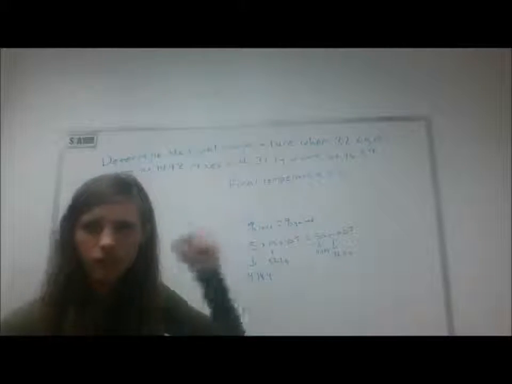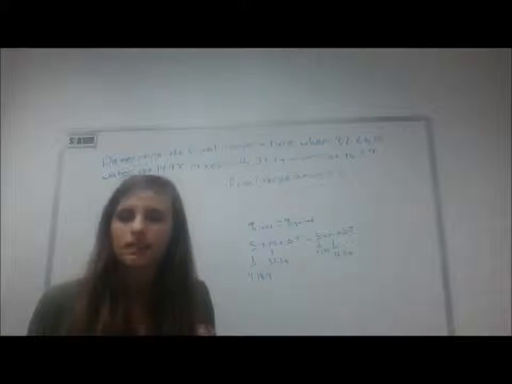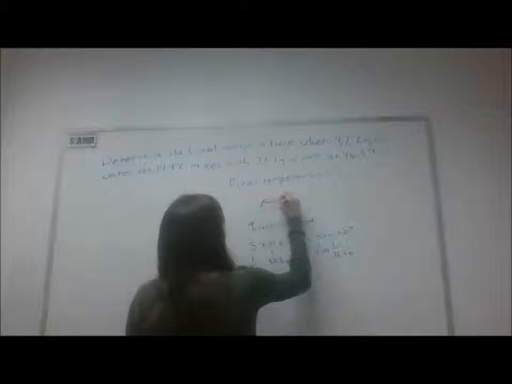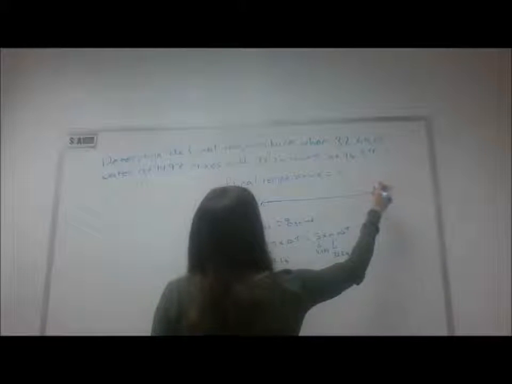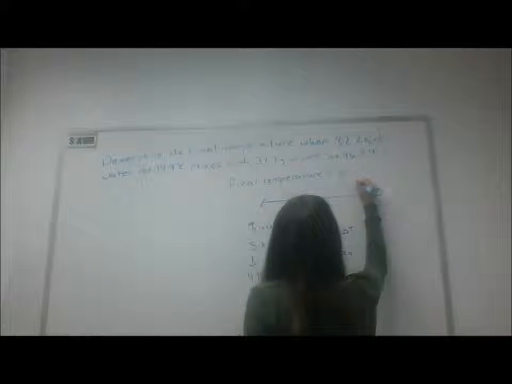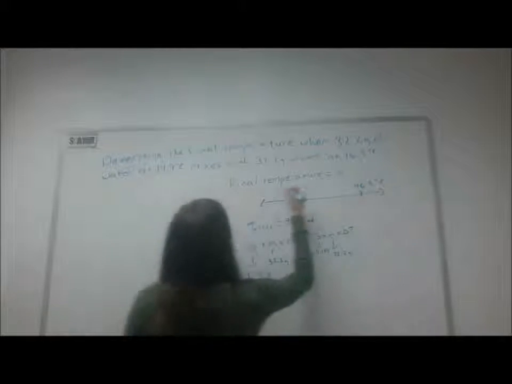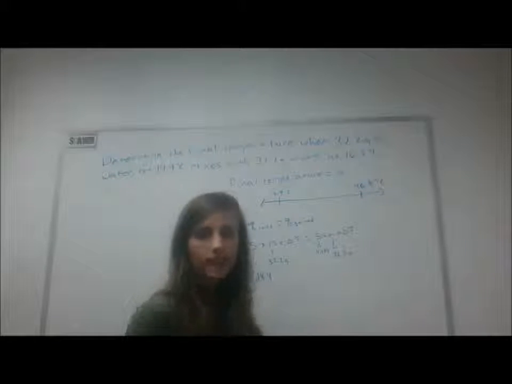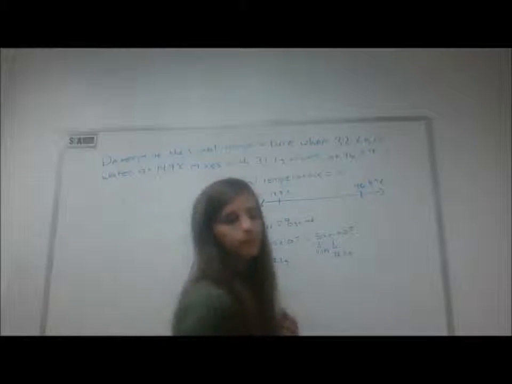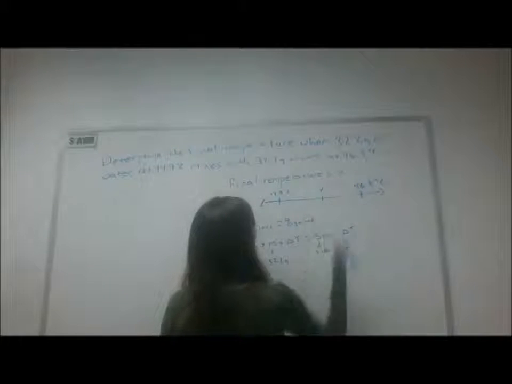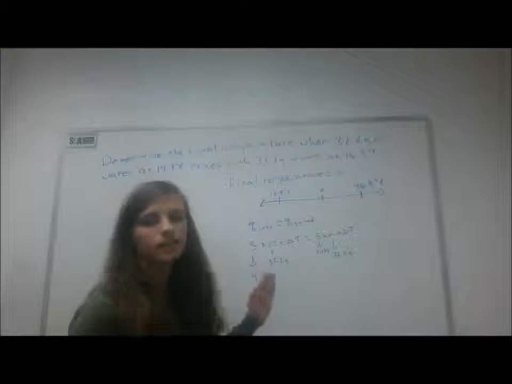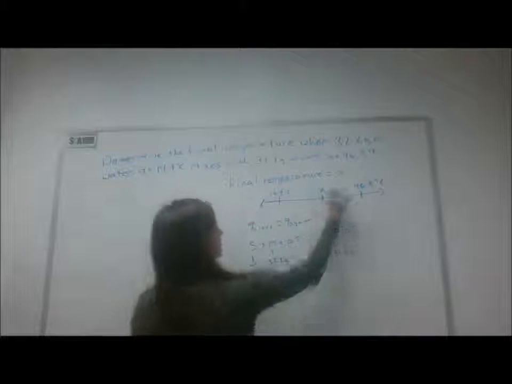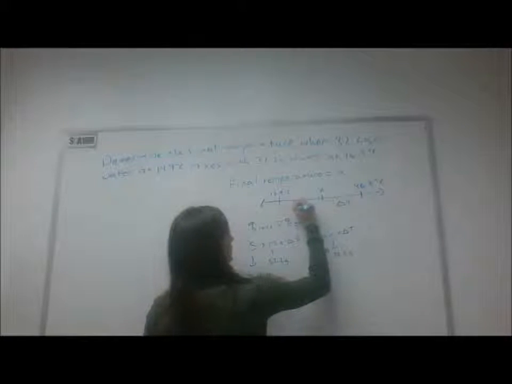So X, our final temperature, we can look at this a lot easier if we put it on a number line. So we have this number line, and we have 46.8 degrees Celsius over here, and 14.9 degrees Celsius here, and we agreed that X was going to be somewhere in the middle of these two. So the change in temperature is going to be this here and this here.